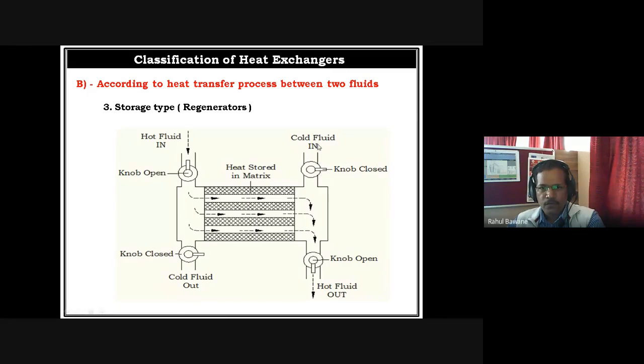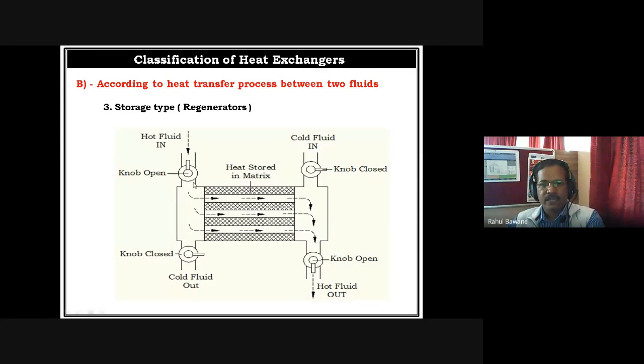Now the cold fluid knob is open, so cold fluid will enter, and during its pass through this matrix channel, since the matrix is heated, heat is delivered to the cold fluid, and the cold fluid gets heated and moves out through the cold fluid outlet valve. So it is intermittent.